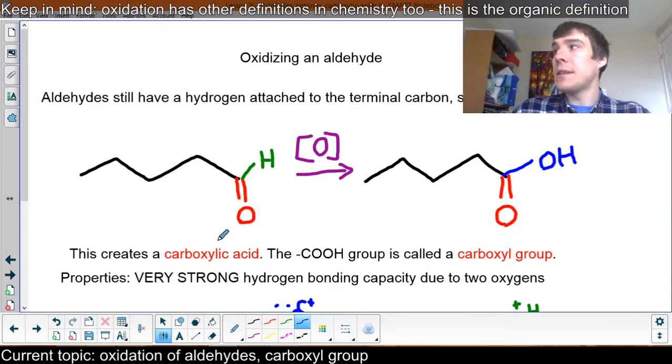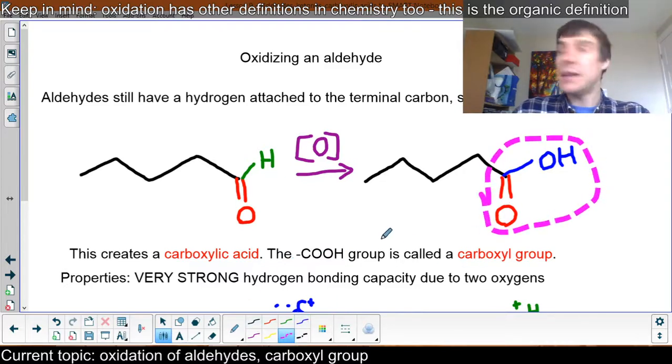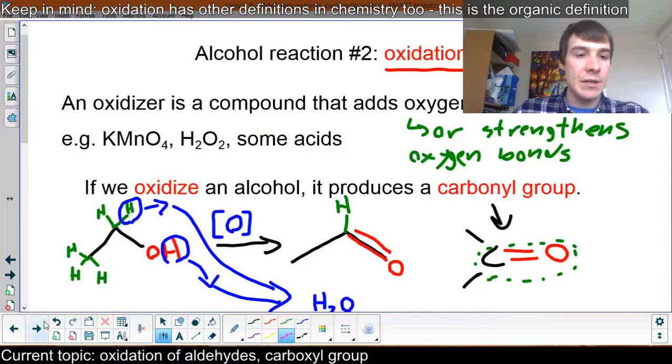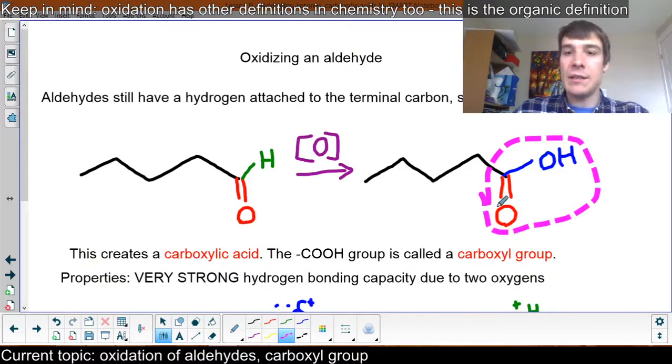Let's create something called a carboxylic acid. So this group, the COOH group, that's called a carboxyl group. Compare that to carbonyl. So carbonyl is just double bond oxygen. Carboxyl is double bond oxygen and another OH.